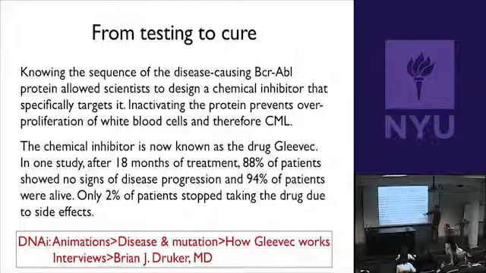This is considered one of the major success stories of genetics and genomics leading to a treatment. But it's very rare. And it's rare because most diseases are not caused by proteins that don't exist under any other circumstance. They're caused by proteins that are normally in your body that are doing the wrong thing.